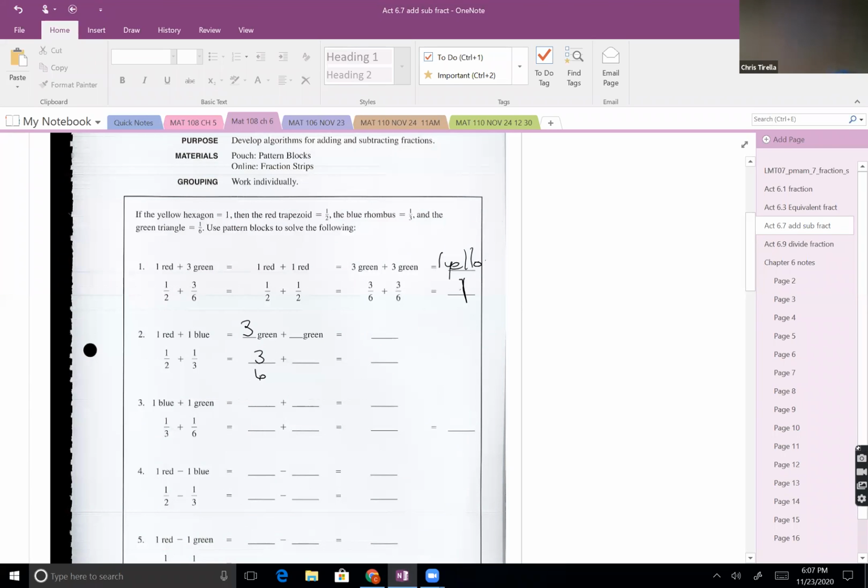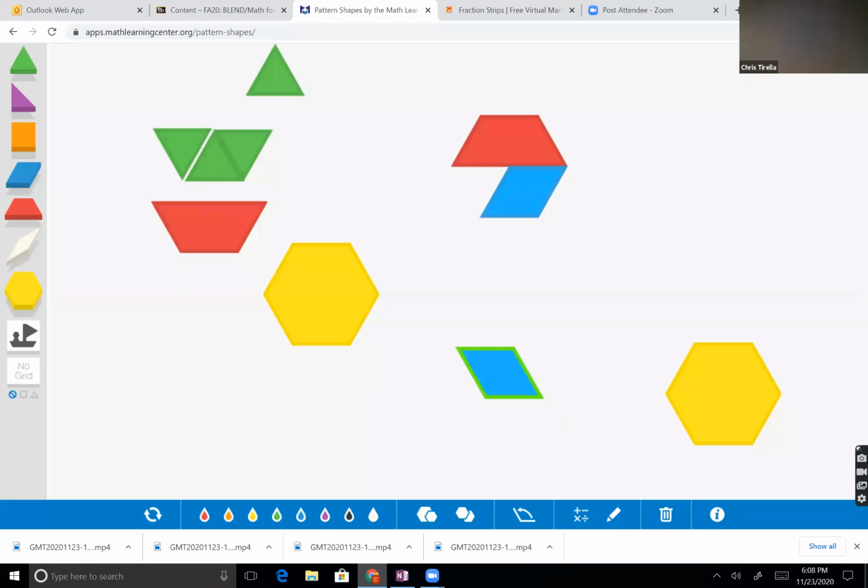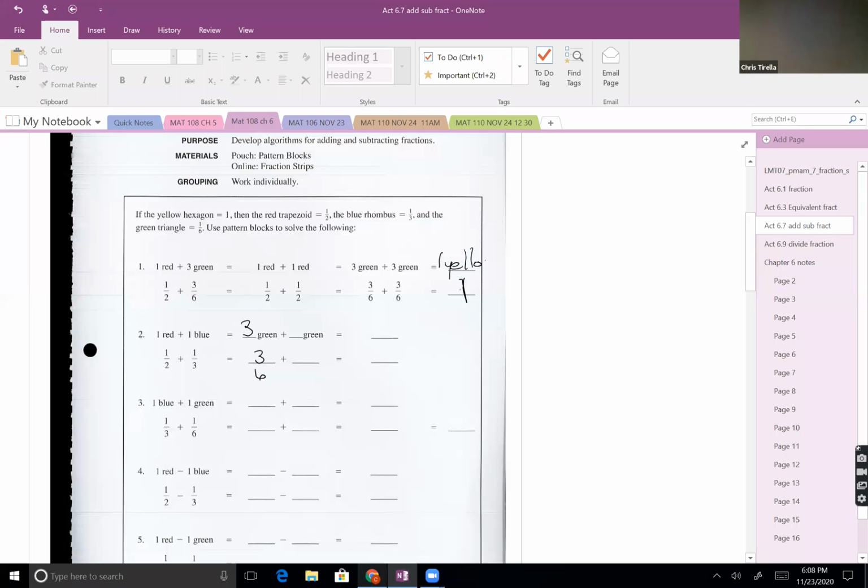And 1 blue, if we go back and look at the pattern blocks, 1 blue, well, wouldn't that be equivalent to, if I could manipulate these things, 2 greens. So that would be 2, 6.